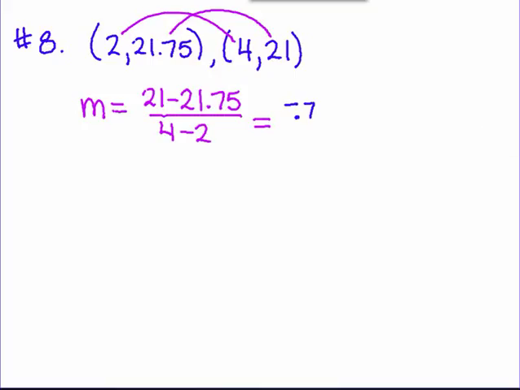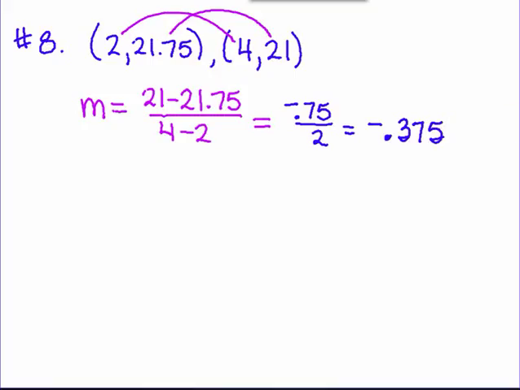Negative 0.75, divided by 2. What does that come out to be? Negative point what? 0.75 divided by 2 is? I think it should be 0.375. Somebody else get that? Okay, so that's my slope.